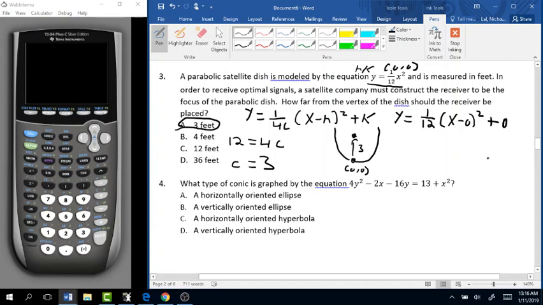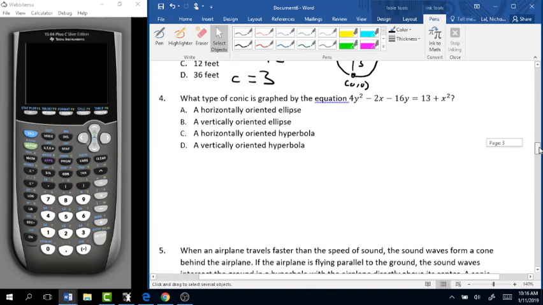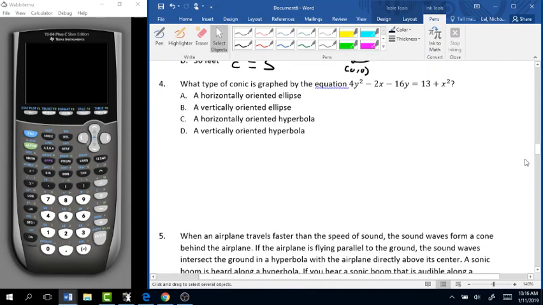What type of conic, so that's question 3. Question 4, what type of conic is graphed by the equation 4y squared minus 2x minus 16y is equal to 13 plus x squared? All right, so I'm going to fully isolate this conic and then point out how you could solve this question a lot earlier.